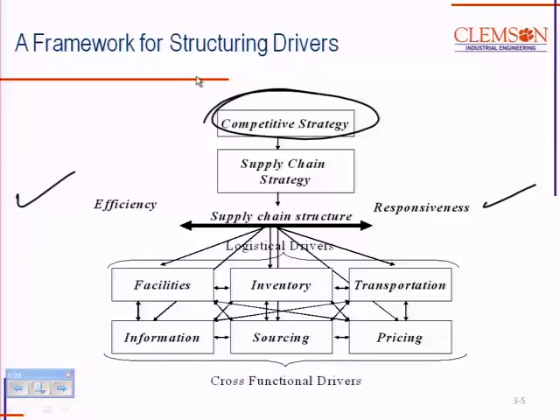And all of the bottom components that we talked about, these drivers, have an effect on whether we are more responsive or more efficient. And so we'll go into detail about each of these cross-functional drivers and their ability to enforce a change in the way the supply chain works.